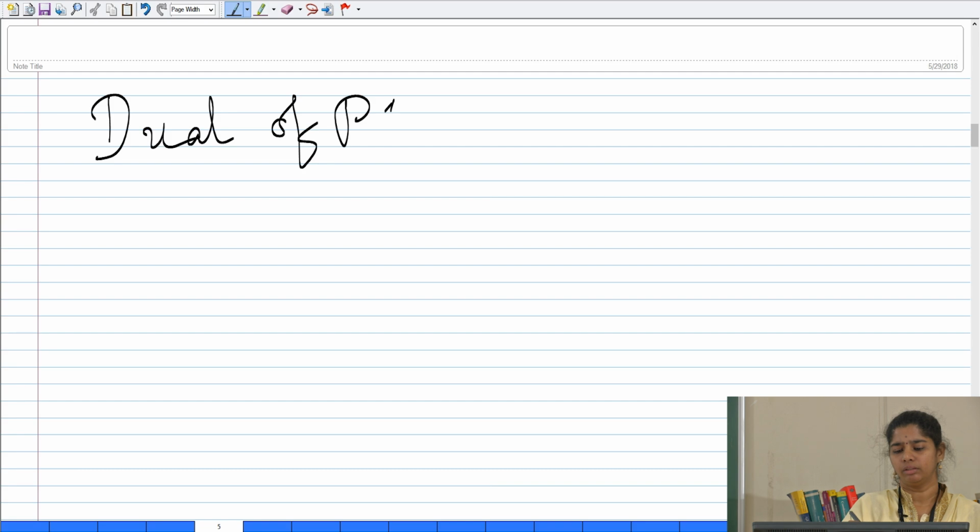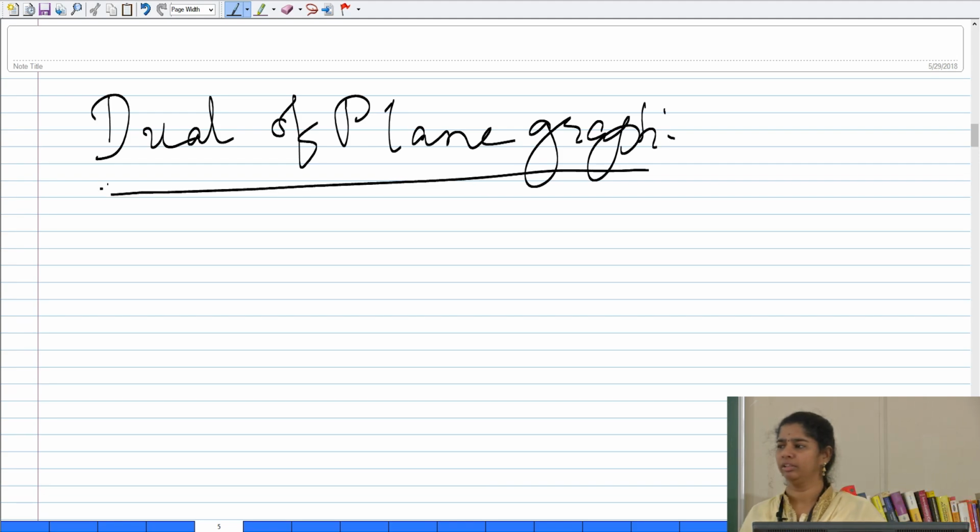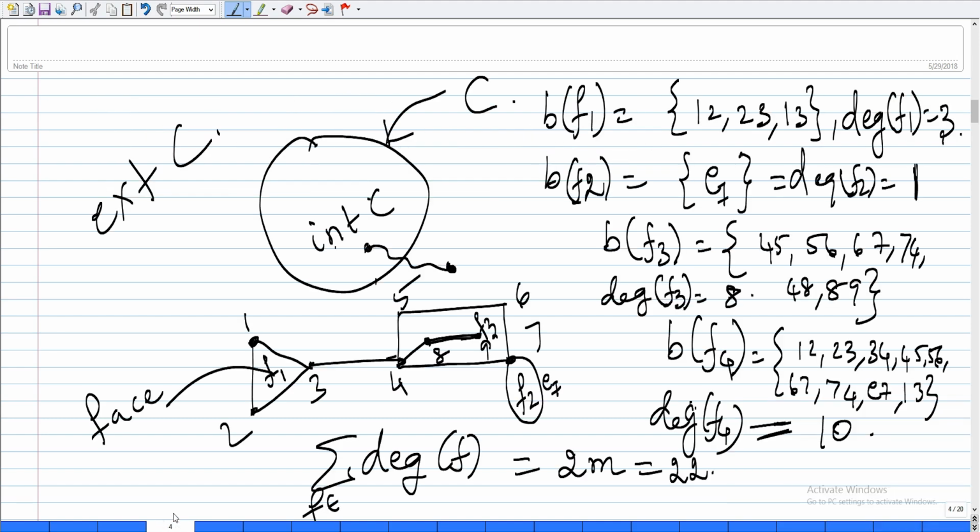Okay. So with this we will also go into another concept, duality. Given any plane graph, we also have another graph, a dual, for it. We will consider this dual for other purposes also.